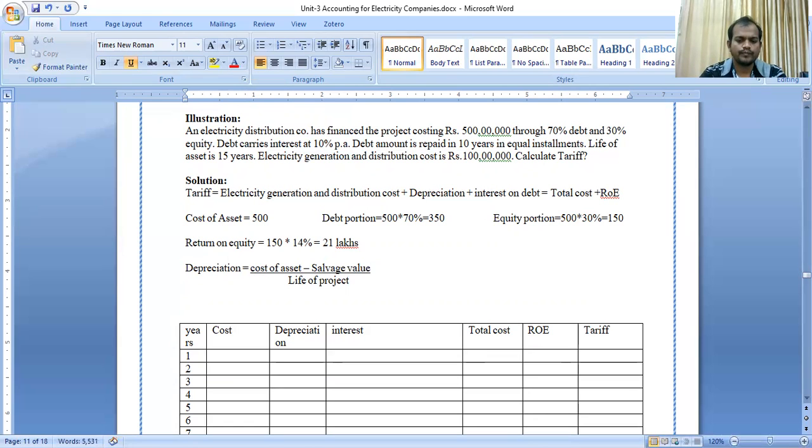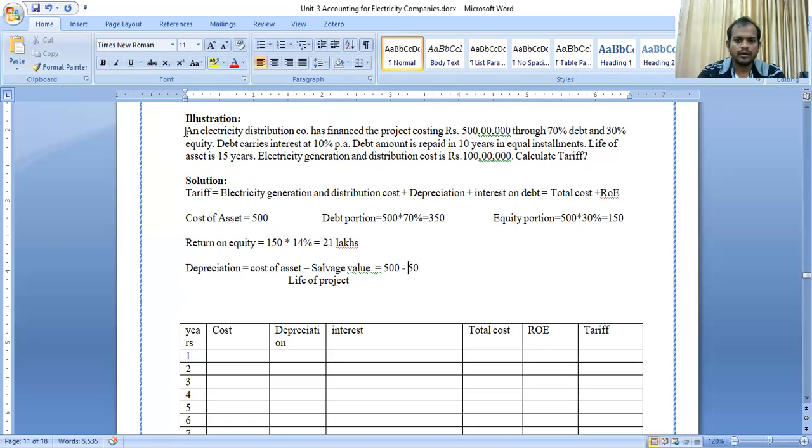So cost of the project is 500 minus salvage value. There is no sign of salvage value in this illustration, but as per the regulation, we have to calculate 10% of the cost of asset as a salvage value. It comes around 50 lakhs.